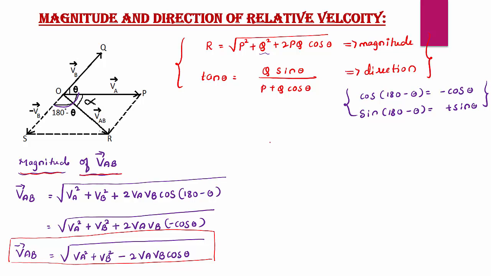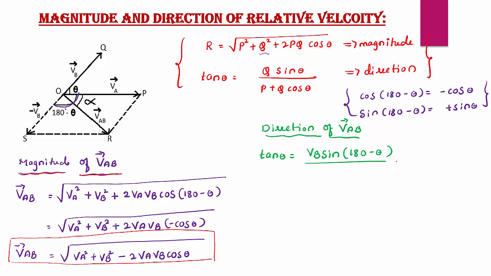Now I am going to find the direction. Yes, now let us find the direction of relative velocity, that is VAB. Now I am going to use the above equation, tan theta equal to q sin theta divided by p plus q cos theta. Same equation I am going to use here. Tan theta equal to q sin theta. In place of q we have to write VB, and in place of theta we have to write sin of 180 minus theta, divided by p plus q cos theta, that is VA plus VB cos theta.